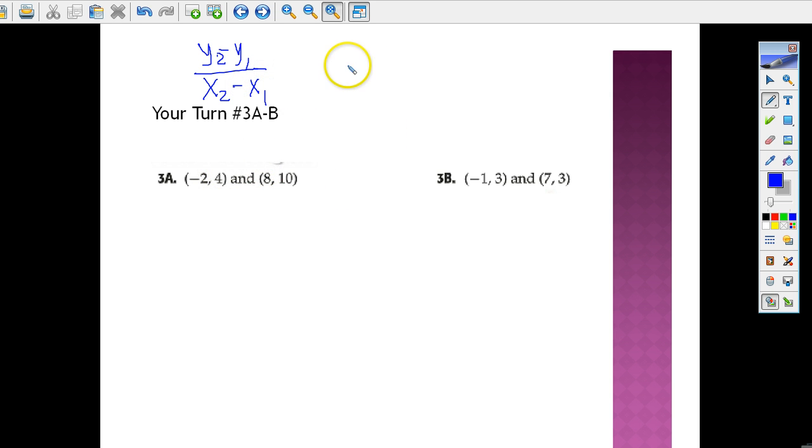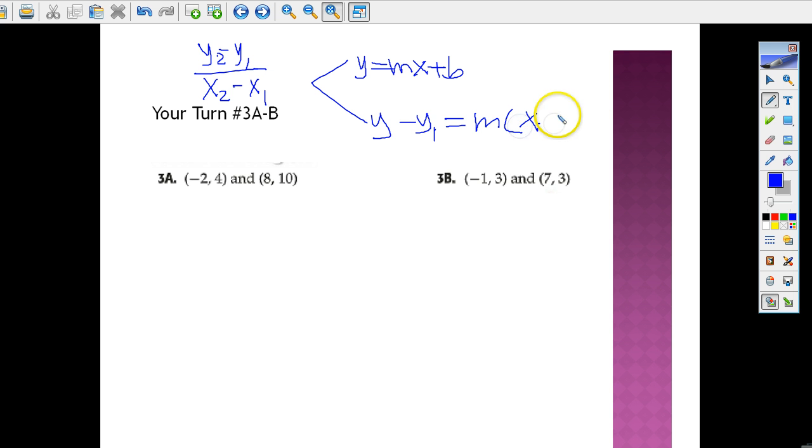Once you find your slope, you can do it 2 ways. You can do y equals mx plus b, or y minus y1 equals your slope times x minus x1. Okay, so go ahead and do numbers 3a and 3b and come back when you're done.